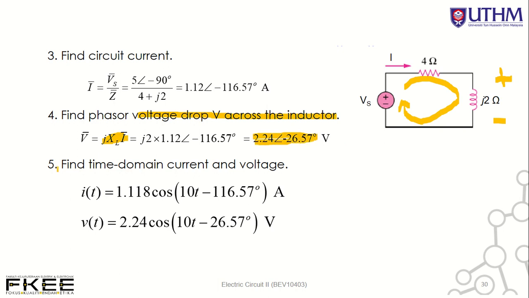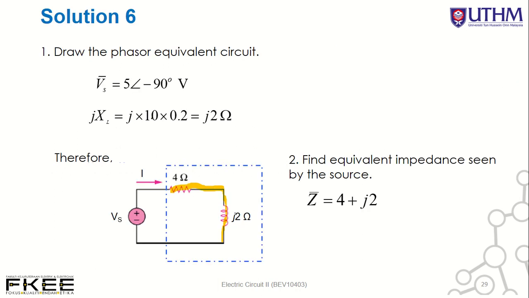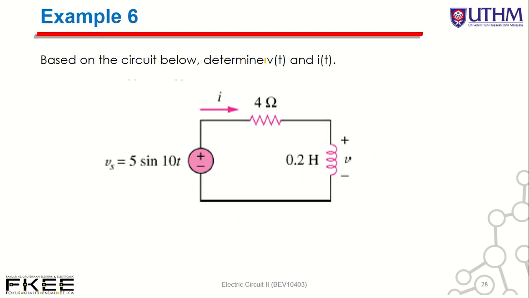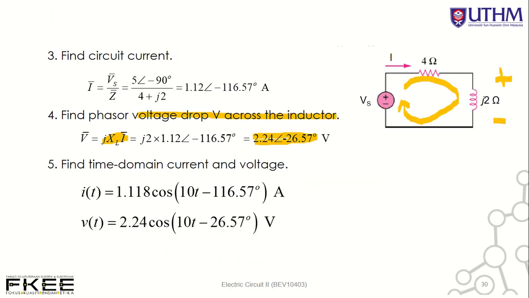From polar form, you can convert to the time domain, because your question asks you to calculate VT and IT. What is VT? VT is the voltage across the inductor. IT is the current through the inductor and R in series. So you can convert back to the time domain for current and voltage.